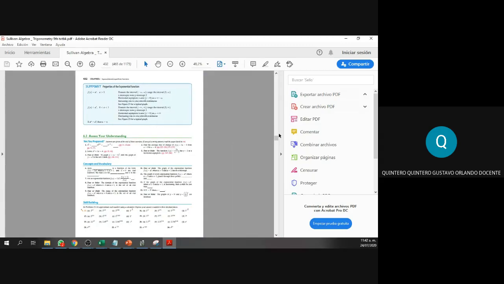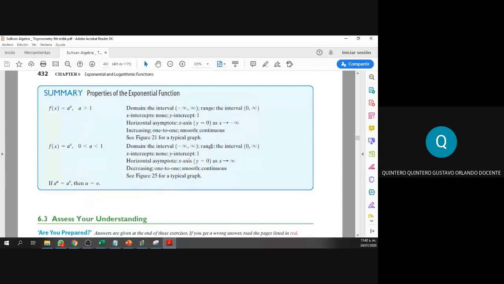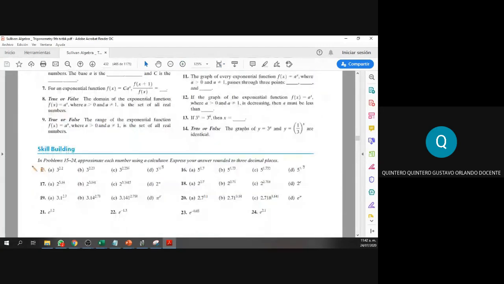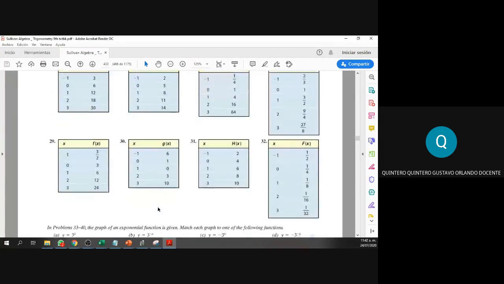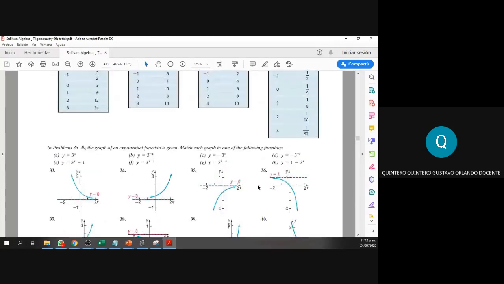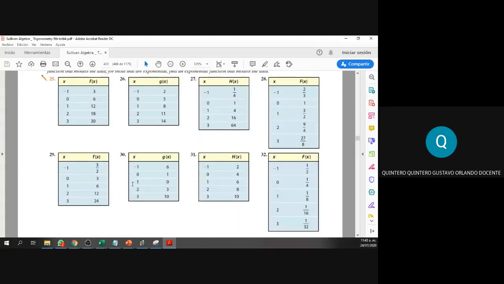These are the exercises, guys. From 15 to 40. All right? We have a lot of functions. And look at this, all of these require you to model.